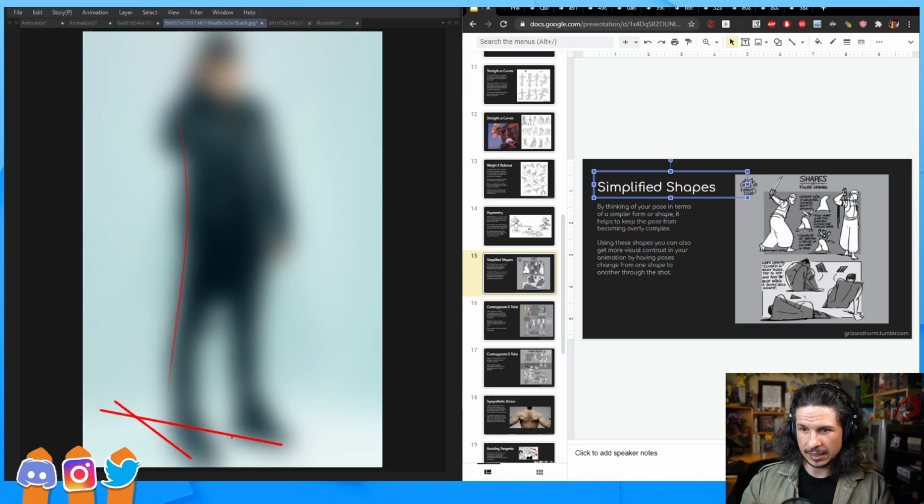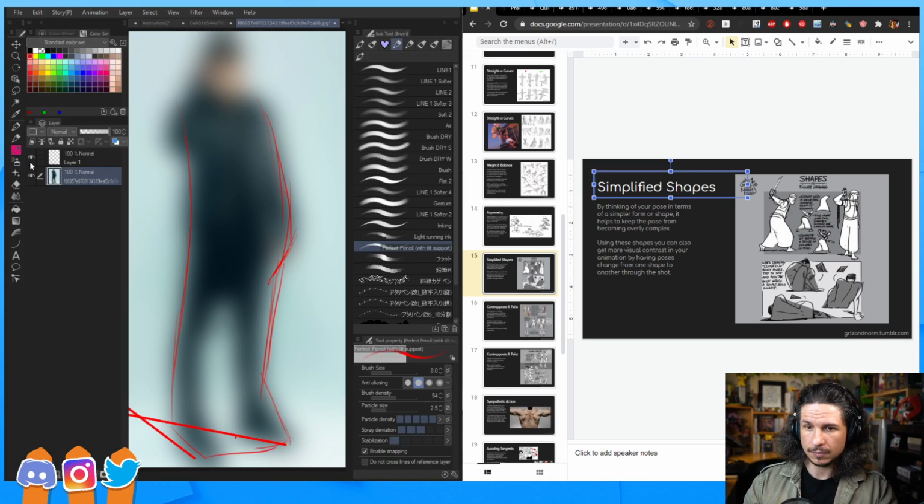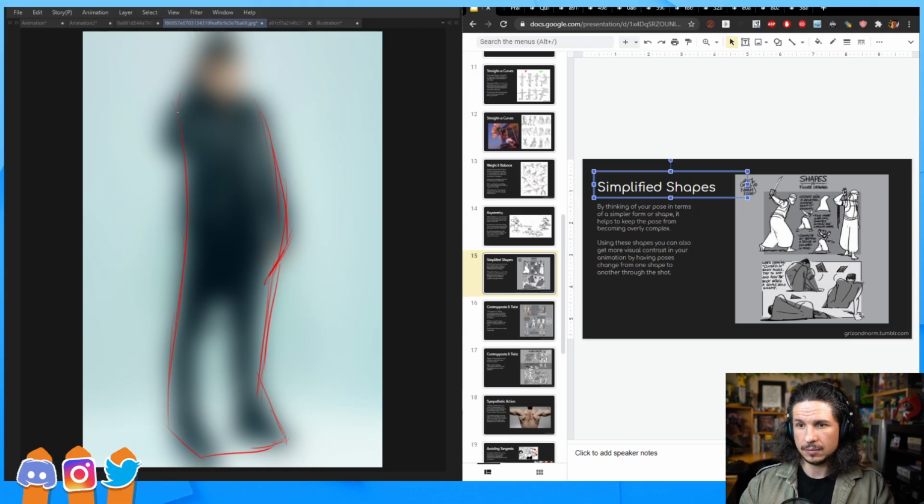It's leaning this way. And one side is simpler than the other. This one has a little bit of a bend to it, like so. So that's the simplified form. It's just this kind of slightly bent, I guess you could say rectangle-ish.